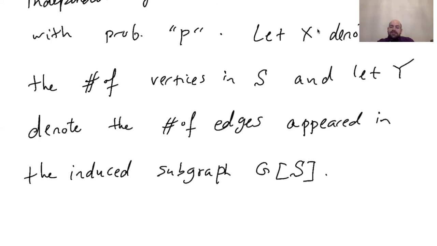And S itself is a subset of vertices of G. It has no edge. But if I consider the induced subgraph of G induced by S, then there could be edges there. So remember, what is the induced subgraph? When I say G of S, what do we mean? Let's say, for example, S contains V1 and V3, and you want to know whether in the induced subgraph G of S there is an edge between V1 and V3 or not.